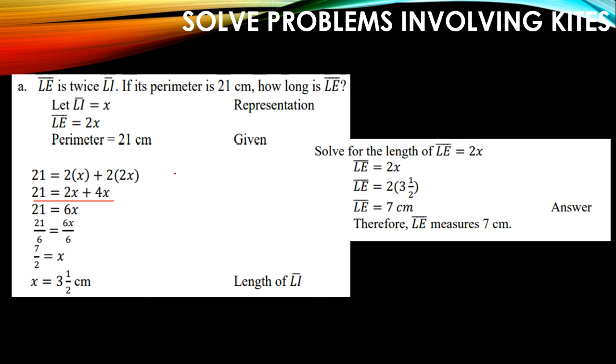Simplify. So if you're going to simplify it into lowest terms, that is divided by 3, then also divided by 3. That is equals 7 over 2. So matay 7 over 2, which is x.